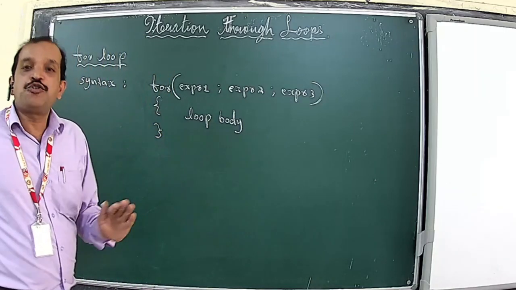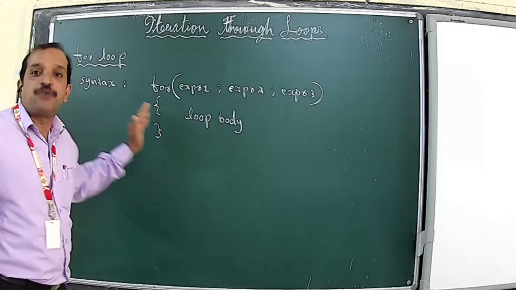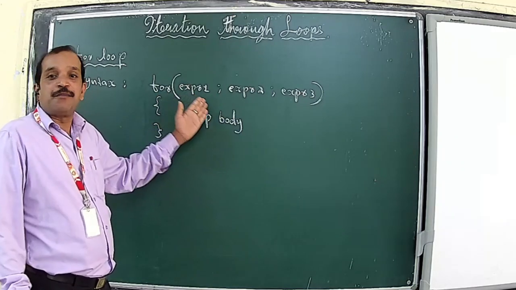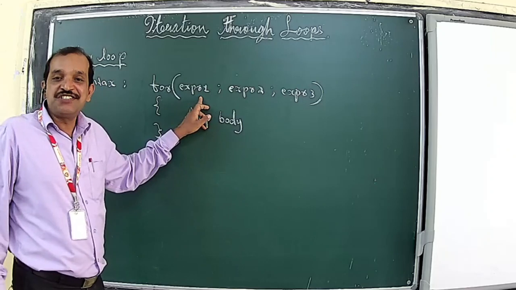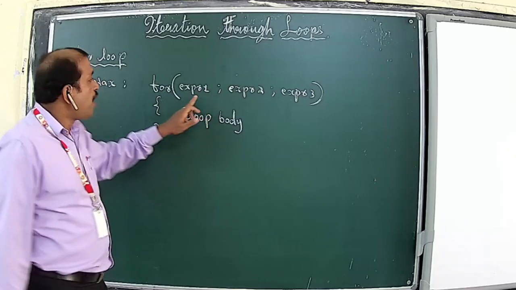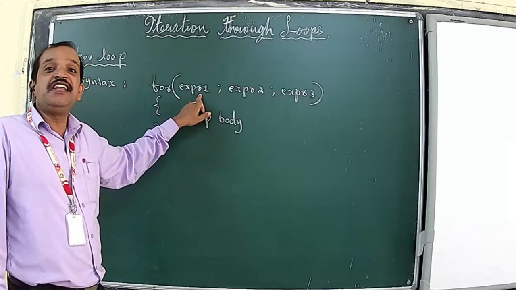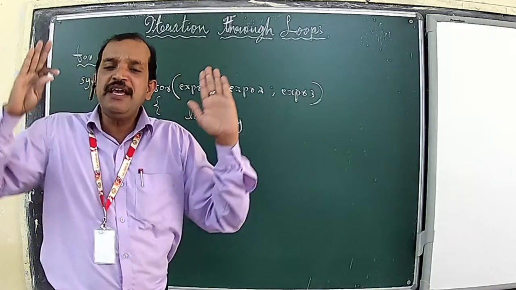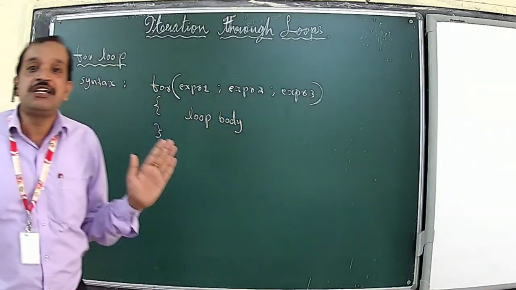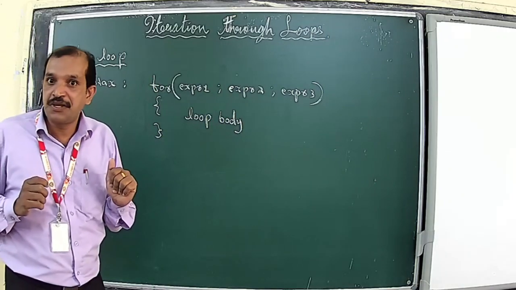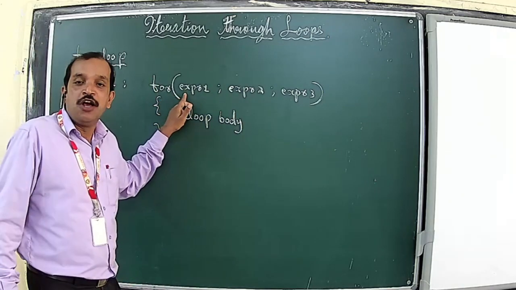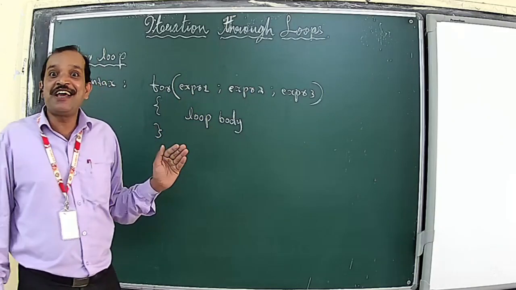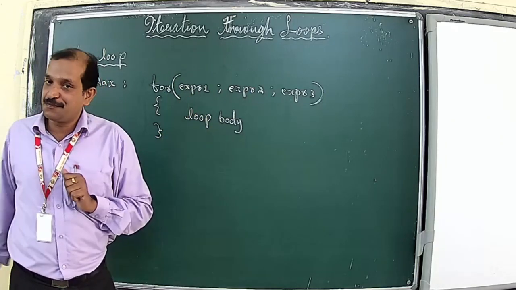Now let us try to understand the syntax of the for loop. As we have already seen, there are mainly three expressions as part of a for loop. The first expression is an initialization expression. For every loop, there will be a variable which is called the loop control variable. And this first expression, the initialization expression, is used to initialize the loop control variable.